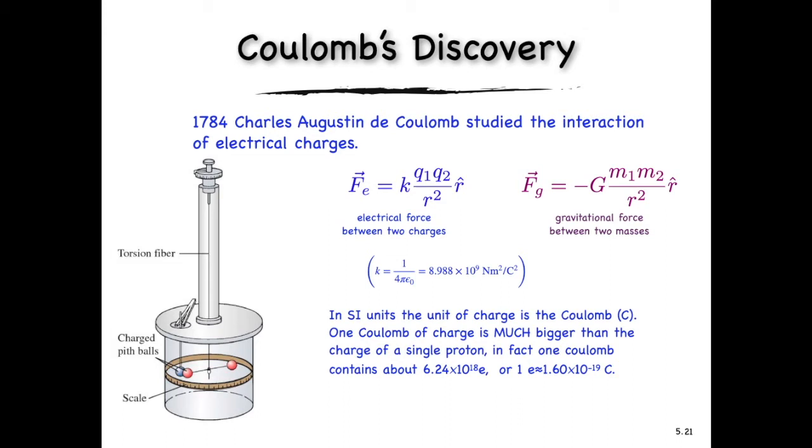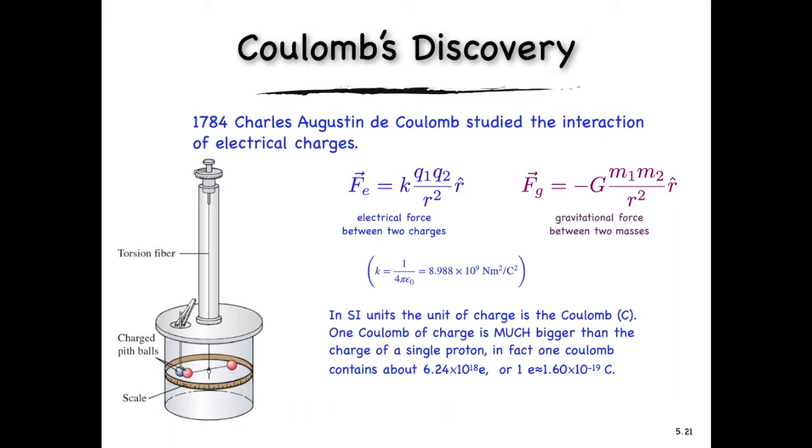There was this constant of proportionality, and there was this inverse distance squared dependence. The difference is this had a minus sign in it, so it was always pointing inwards. And these are very analogous, right? If we just replace m with q and k with minus G, these are the same.